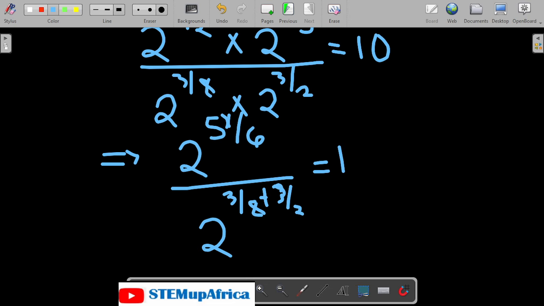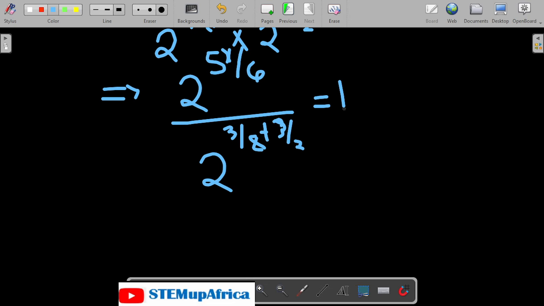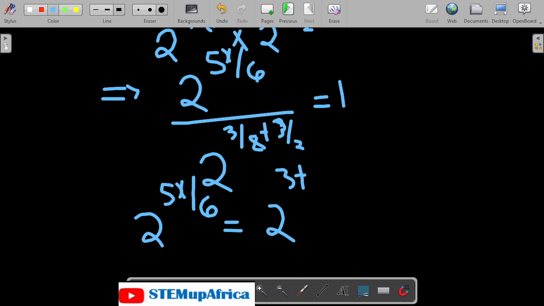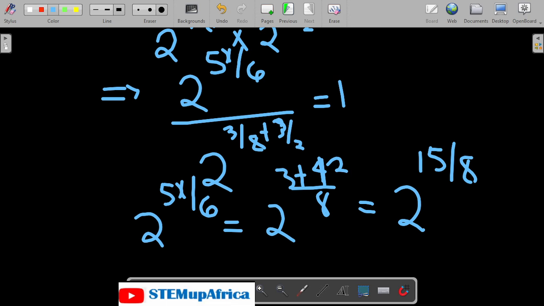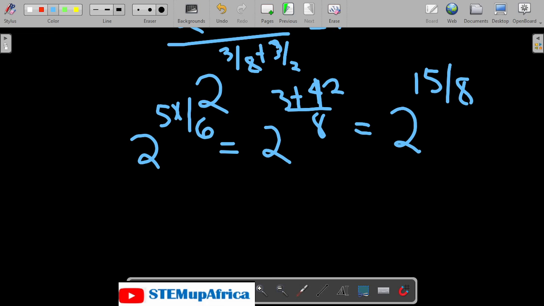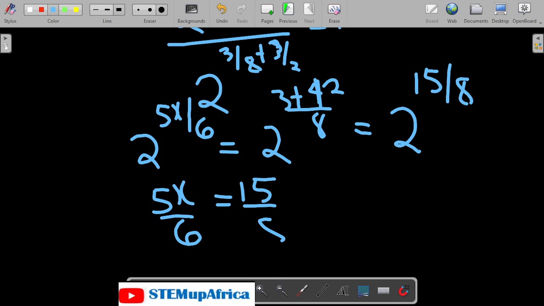So if I cross multiply, I'm going to have 2 raised to power 5x over 6 equals 2 raised to power 3 plus 12 over 8, which is 2 raised to power 15 over 8. If I compare now, according to the law of indices, I'm going to have 5x over 6 equals 15 over 8.